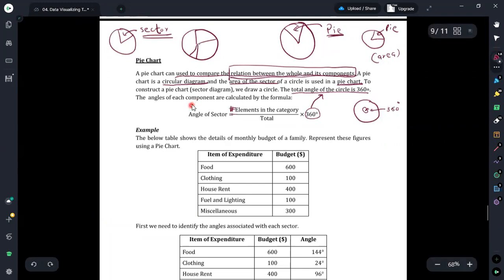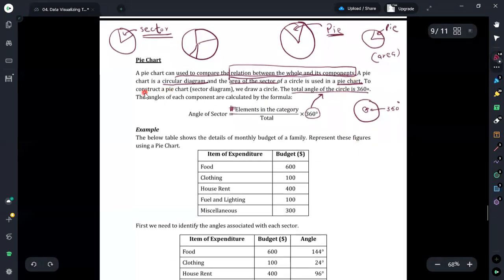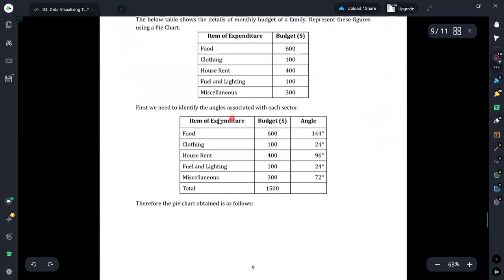When we are going to construct the pie chart, first we need to draw a circle, and then this total angle has to be divided according to each component. Therefore, first we need to identify the angles associated with each sector. Here we have identified 5 sectors, and I have created another row for denoting the total.